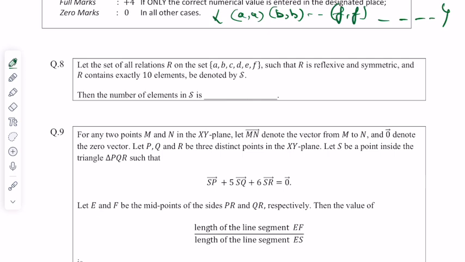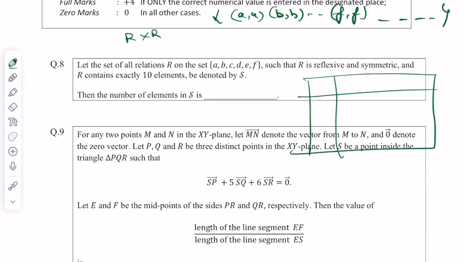Now what else can we do? If I want to write something in terms of R cross R, let's make this table for the possible ordered pairs. So let's say I have terms like A, A, A, B, so on up to A, F. Similarly, B, A to F, A, and the diagonal elements.